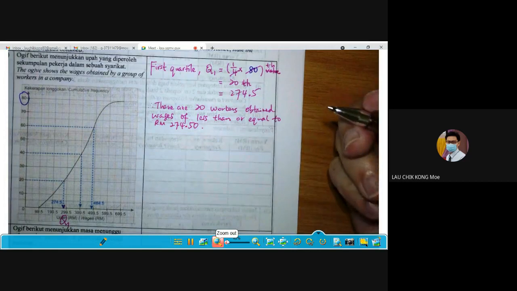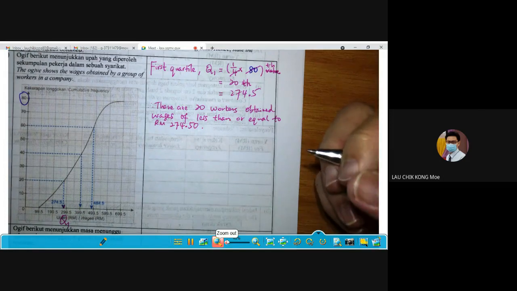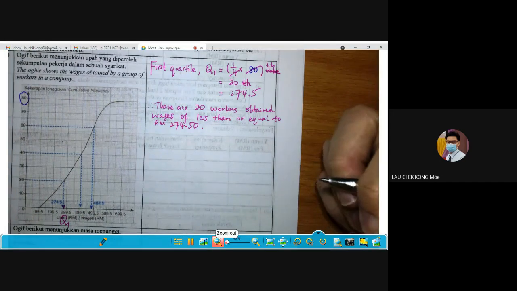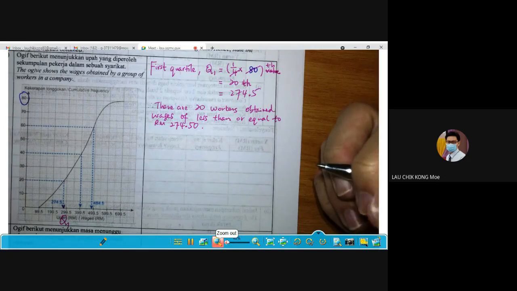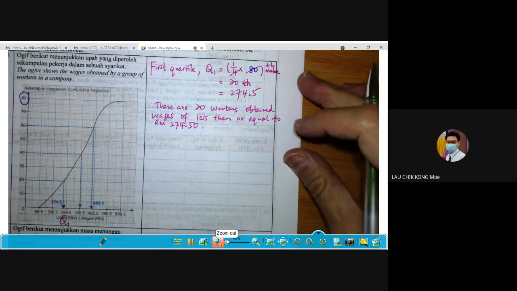Terdapat 20 orang pekerja memperoleh gaji kurang daripada atau sama dengan 274 ringgit 50 sen. Itu ialah first quartile from graph.